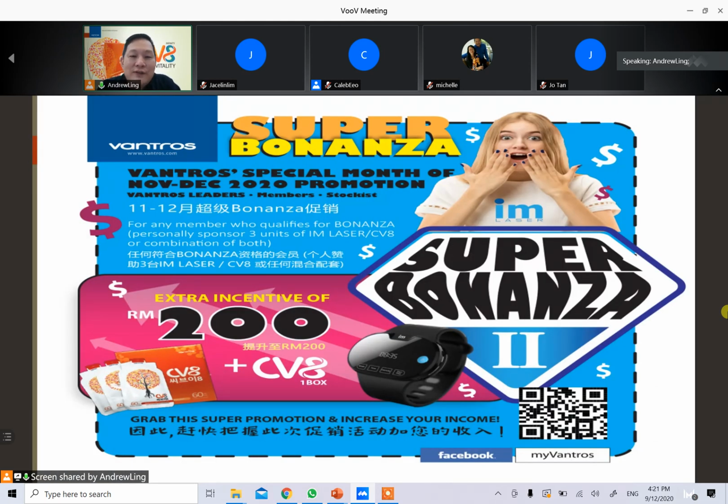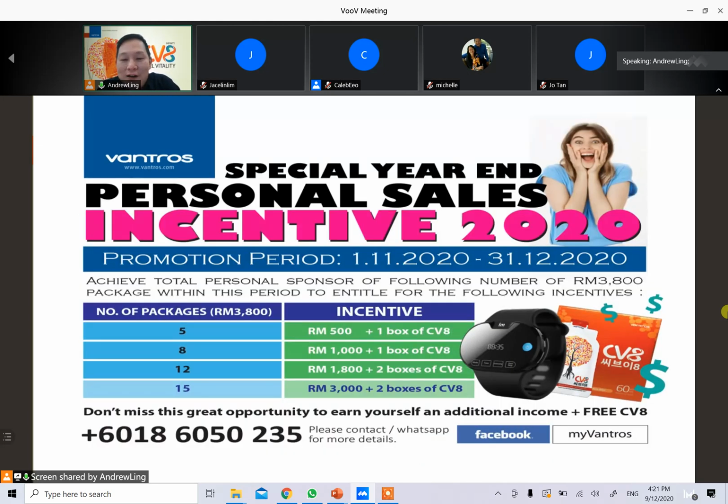What else? We also have the Bonanza for this month. Anyone who hits Bonanza, the company is going to give you an additional 200 ringgit plus 1 box of CV8. That is the promotion until this month. And of course, we also have a promotion which runs concurrently for 2 months, from the month of November until the end of December.